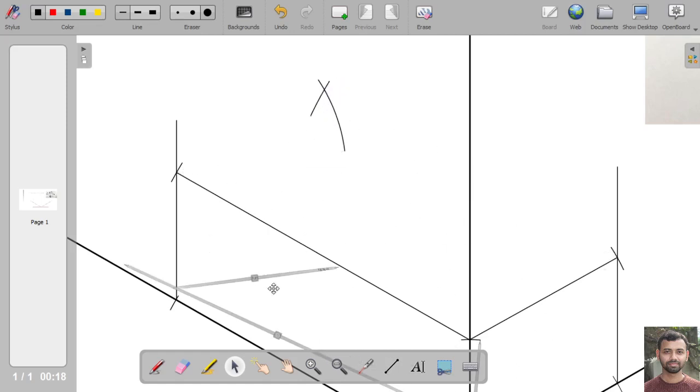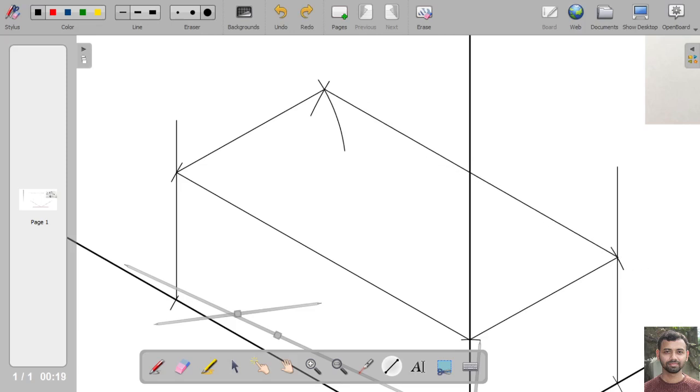Now the same way, we will connect these two points, and we will connect this point, this point, and this one. Okay, so we have made a block.